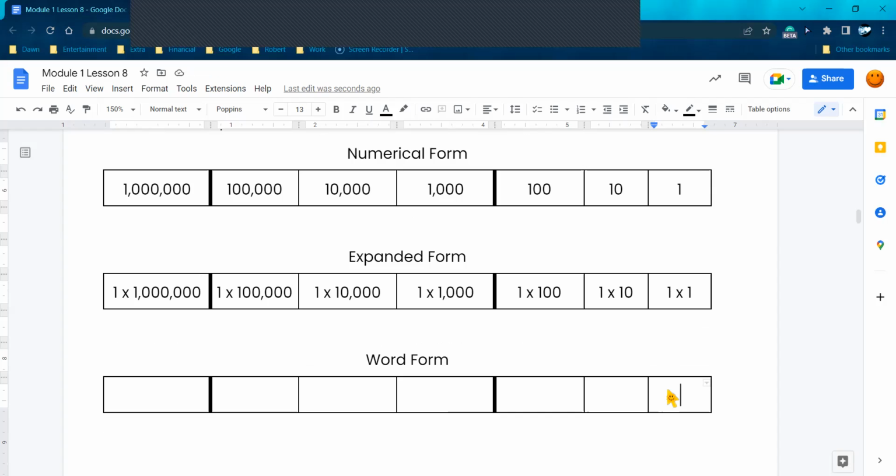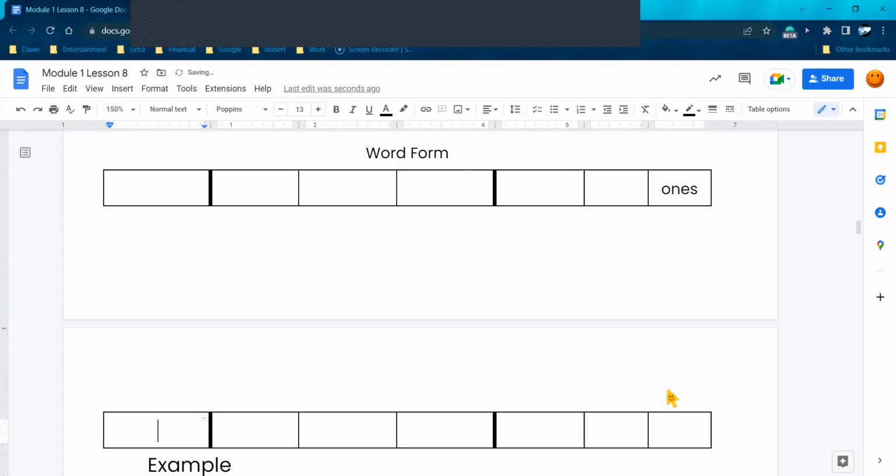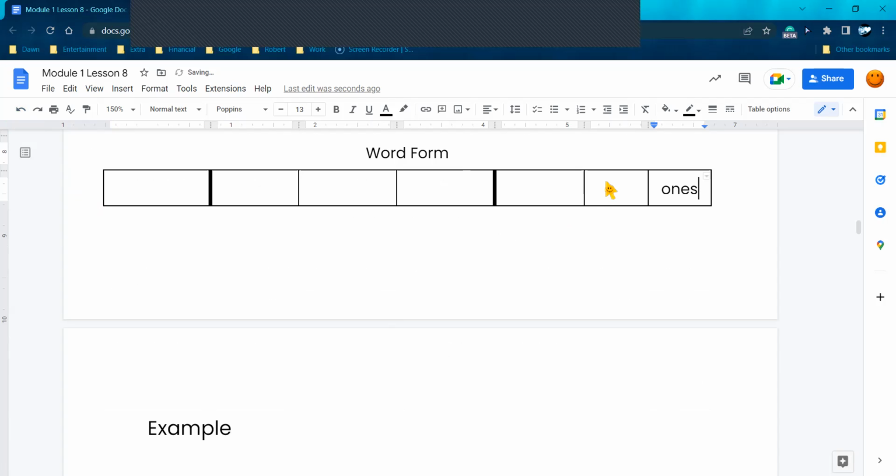So notice how I always start off in the ones column, because that's how we teach it, you always start off the ones column and work your way up. We have ones. Oops. Let's quick undo that. Tens. Hundreds.